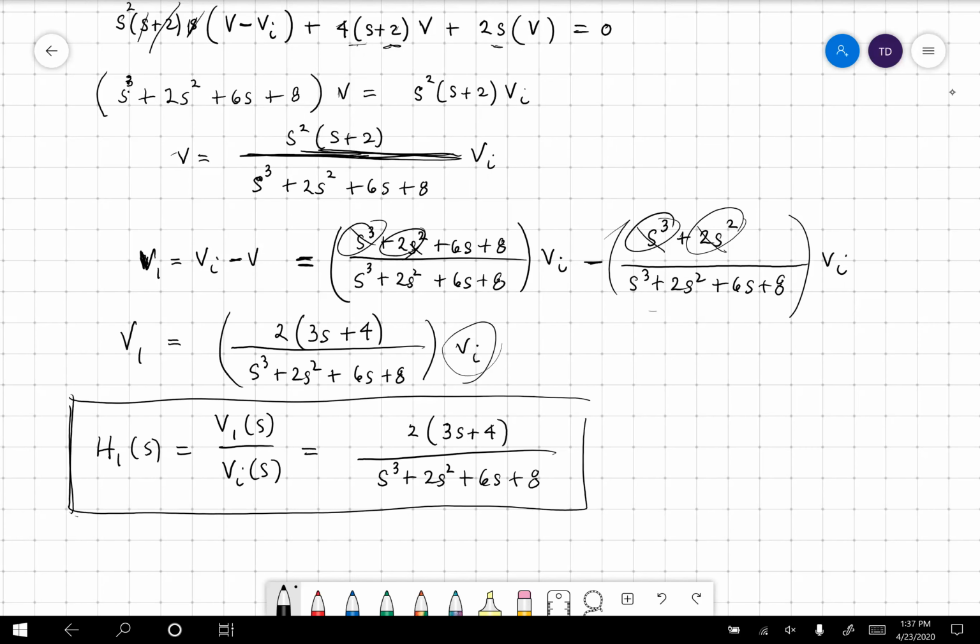No units. Voltage divided by voltage. No units. Dimensionless. So that's our transfer function. That's number one.